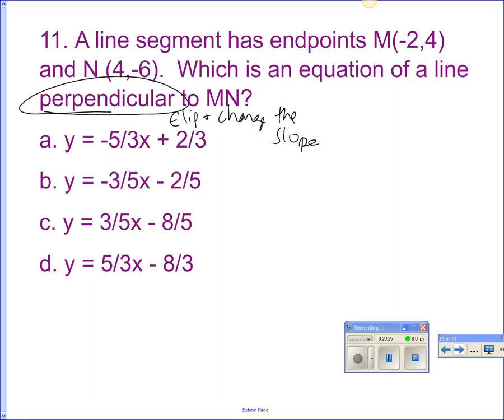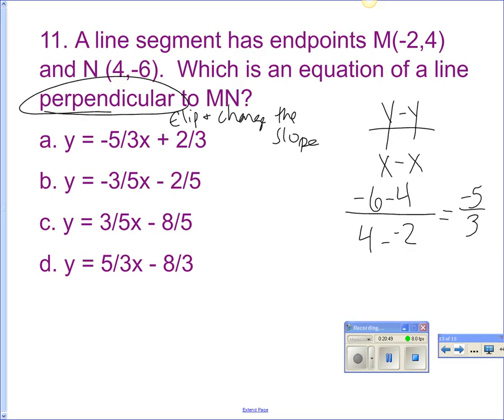Yep, how do I find the slope of M and N? The other formula. Good. Y minus Y over X minus X. Stephanie, what do you get when you do Y minus Y and X minus X? All right, so the slope is negative 5 over 3.